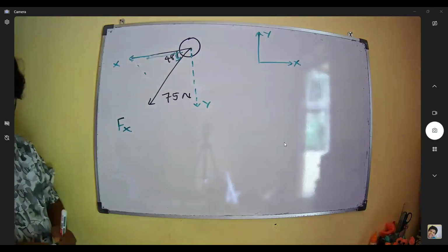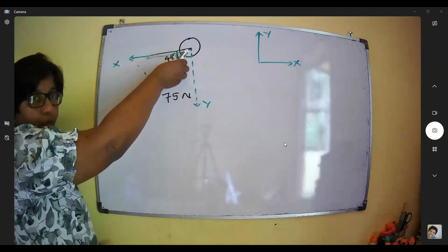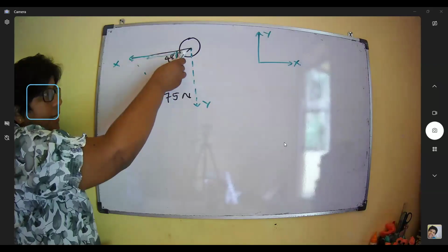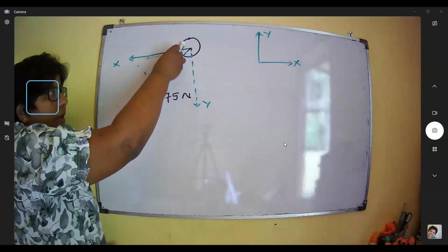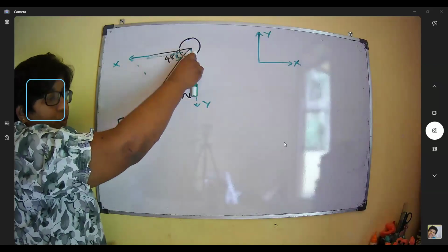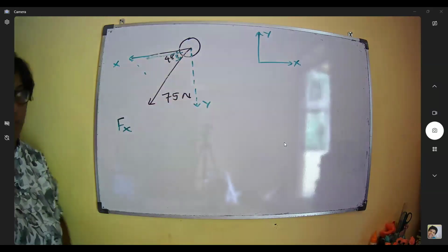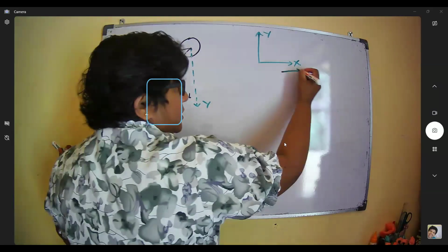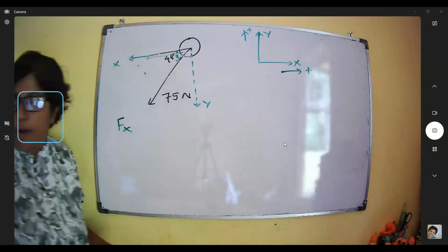The 75 Newton force is acting at 48 degrees to the horizontal axis. Then we can convert this into the x direction and also the y direction. The positive sides are x and y. Along the x-axis, this is the positive direction, and the positive y direction is upward, right?